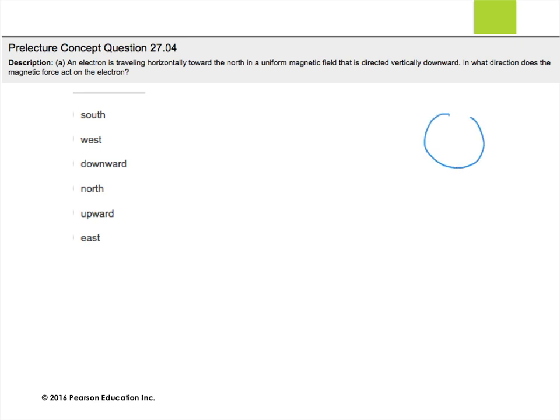Okay, this is another problem that we've got to get used to. When we use the ideas of north, south, east, and west, we're pretty familiar with those directions. We can imagine that those directions are formed in a plane that is tangent to the Earth wherever you're located. So here's the Earth.